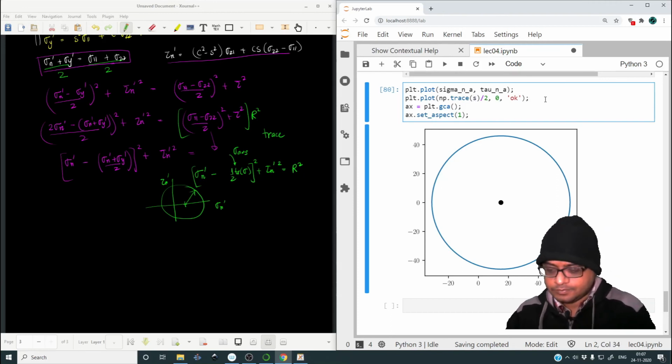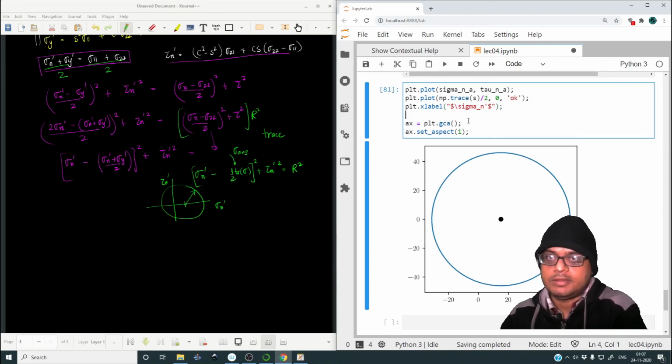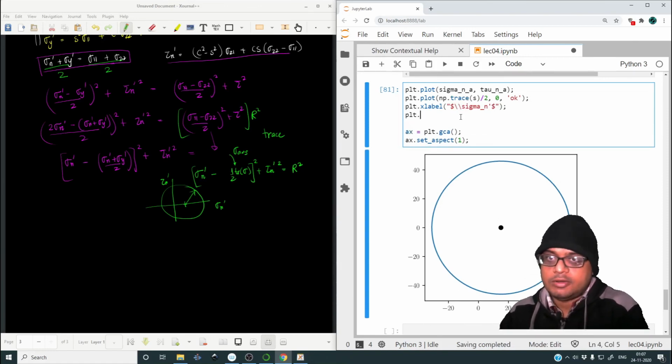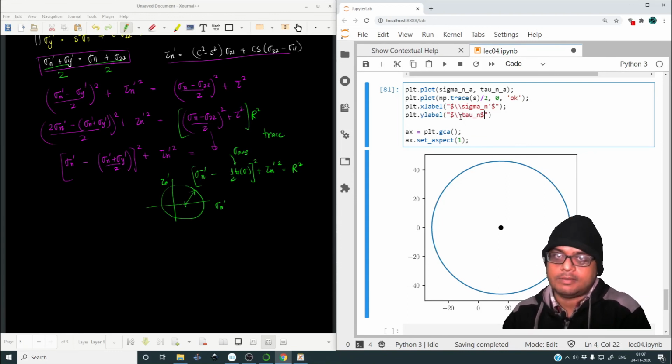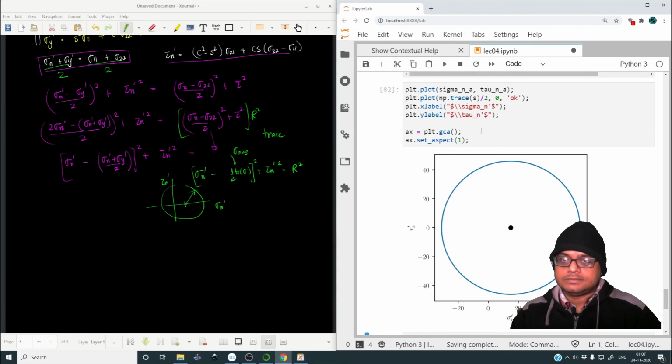So let me label this. The x label will be equal to σn', where we have to put a double escape character over here, and plt.ylabel will be equal to τn'.